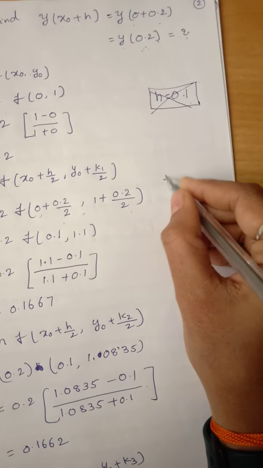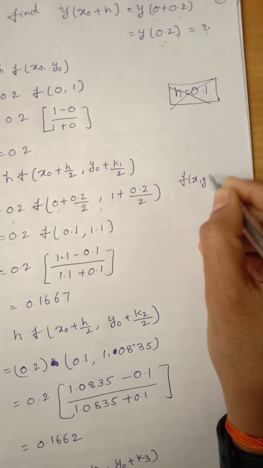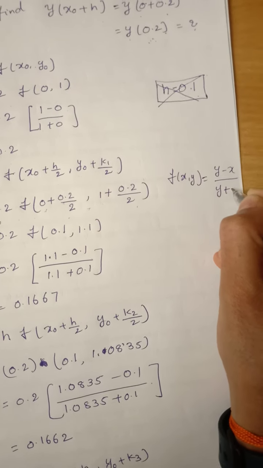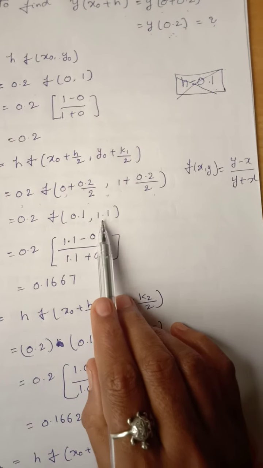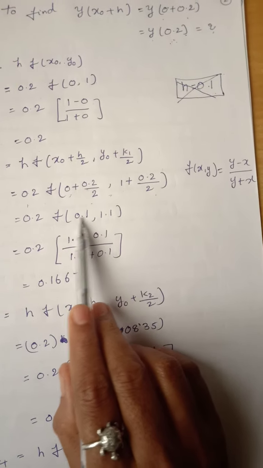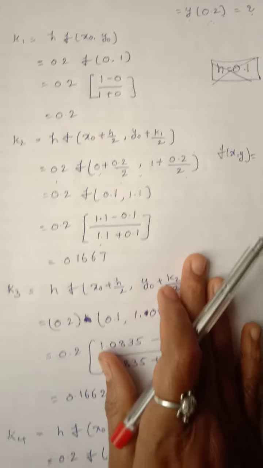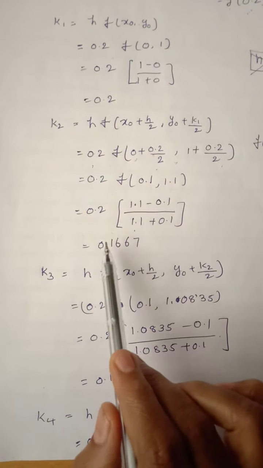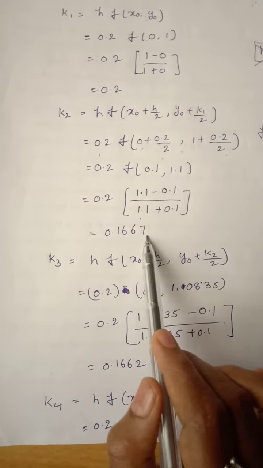This is the given function, same but the values change: y minus x by y plus x. In the y place you substitute 1.1, in the x place you substitute 0.1, similarly in the denominator also. Using the calculator you find the value 0.167.